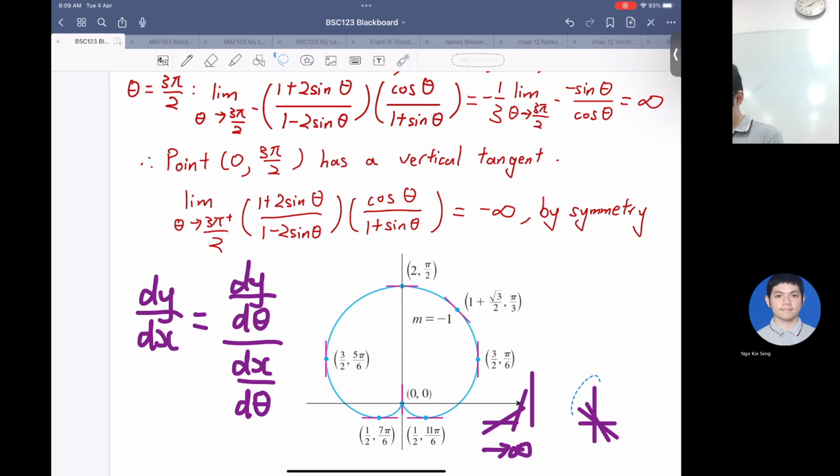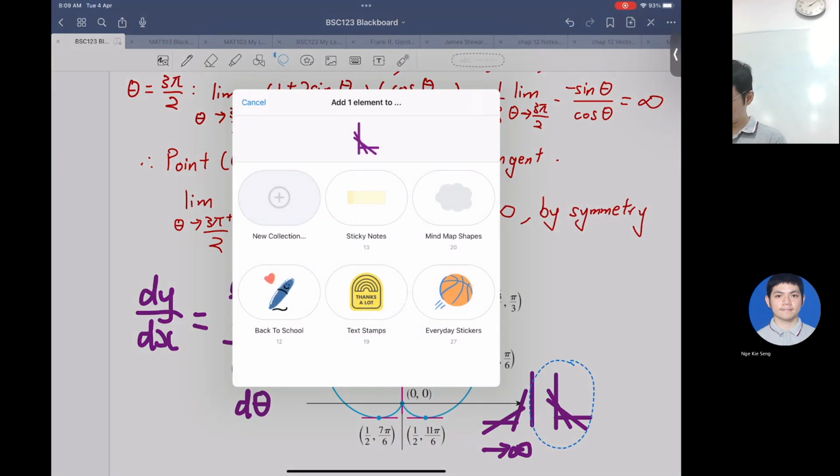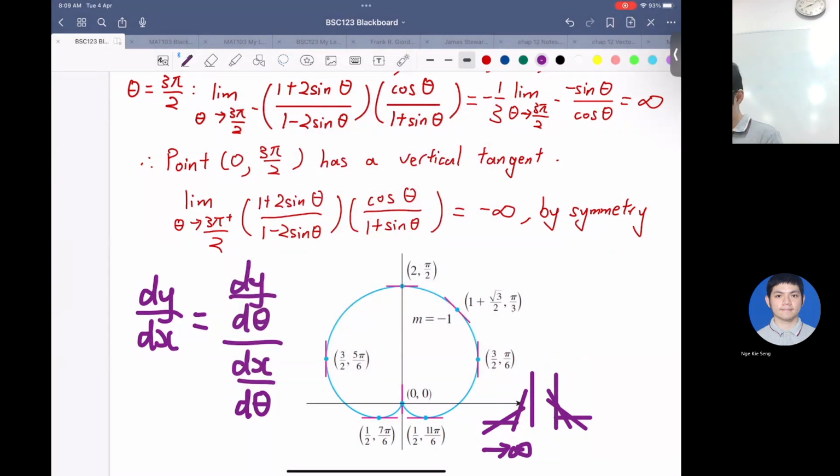Here is going to negative infinity. You start from here, 1 over 2 divided by 6, and then here is 1 over 2.